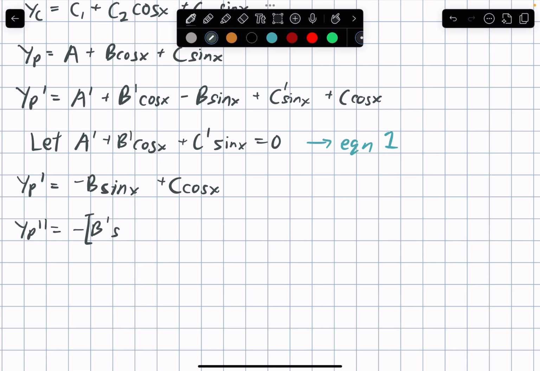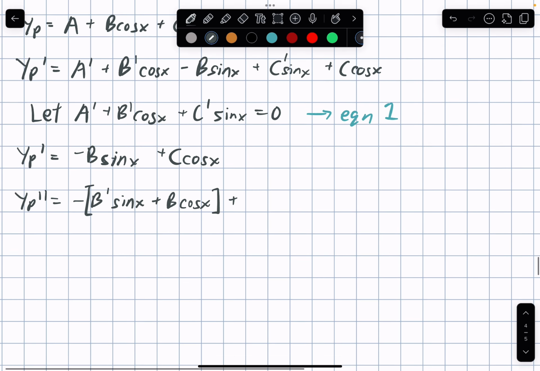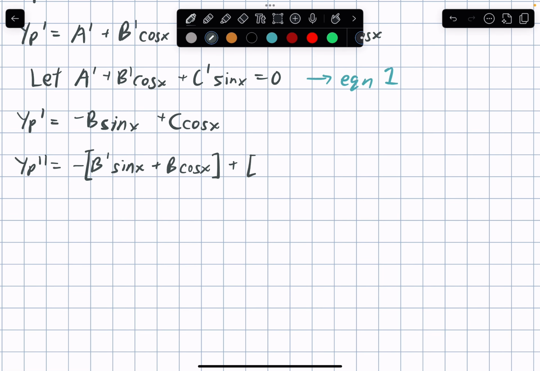Negative b prime sine x plus b cosine x plus c prime cosine x plus c sine x. This becomes minus. Simplify.